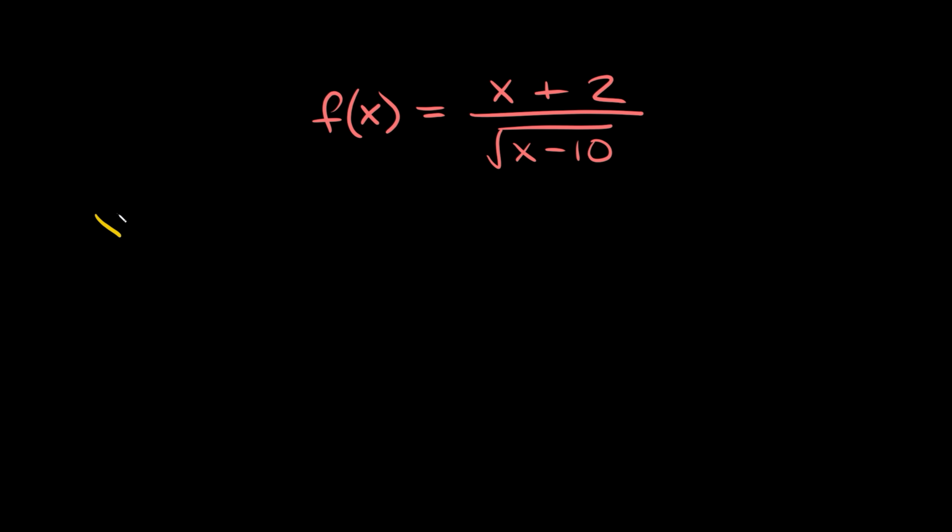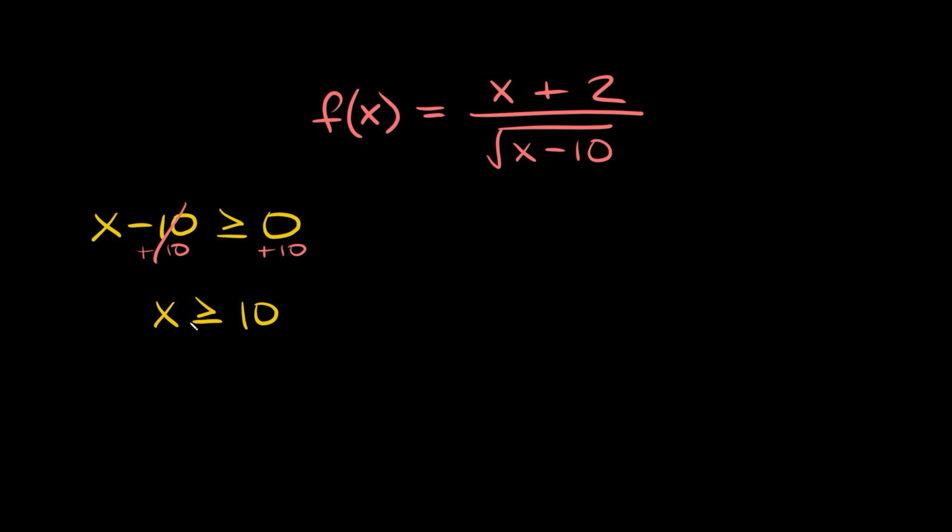So it's x minus 10, okay? So whatever this is equal to, it has to be equal to 0 or a positive number. So we have to say that this thing has to be greater than or equal to 0, okay? So here, solving for x, we can add 10 to both sides, right? So then here we get that x has to be greater than or equal to positive 10, okay?